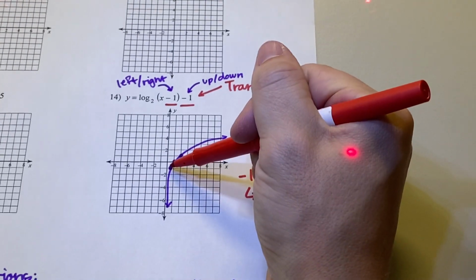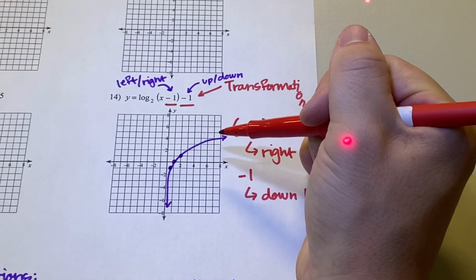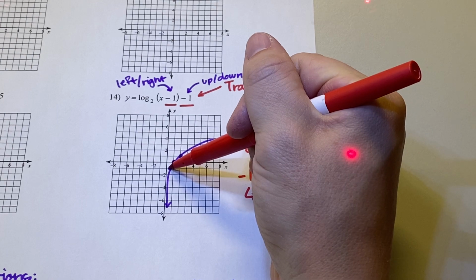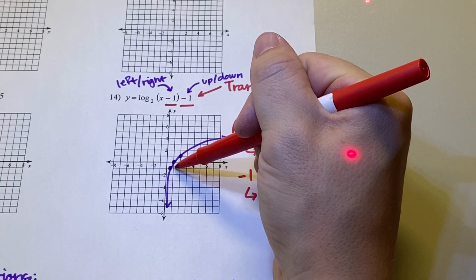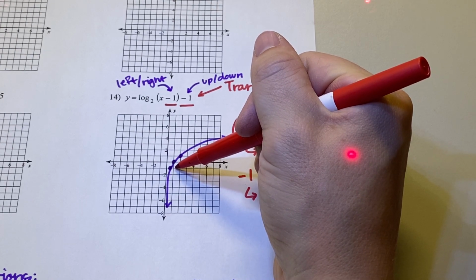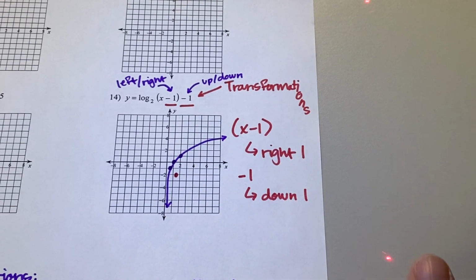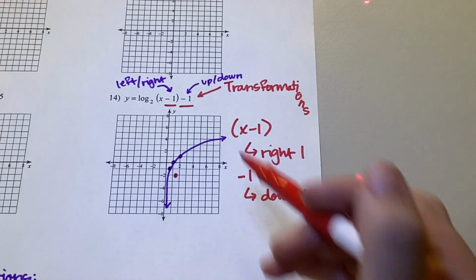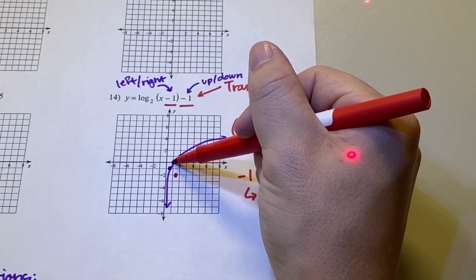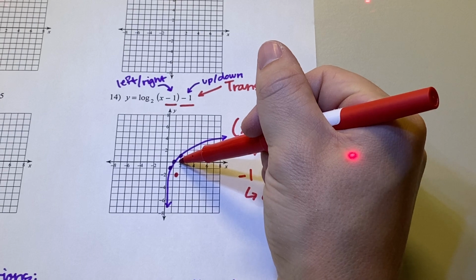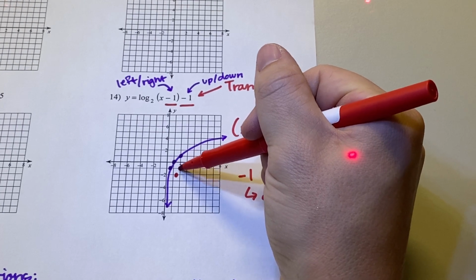Pick up your first point. This one wants you to move to the right 1. You're still at the half mark. Right one, down one. Boop. He moved. Not too hard, he just moved. Pick up your next point, right here. Again, he moves to the right one and down one.